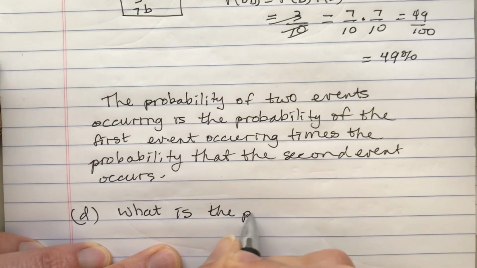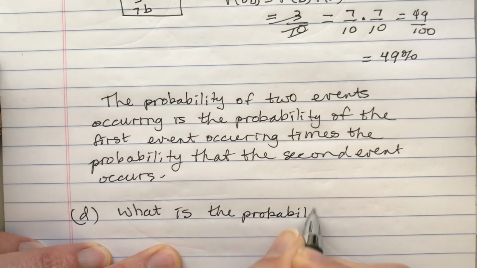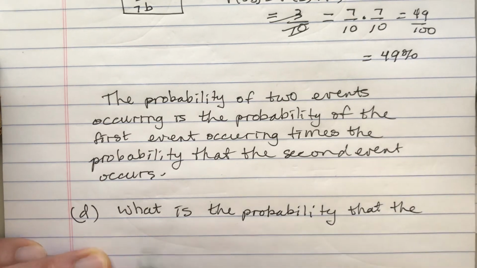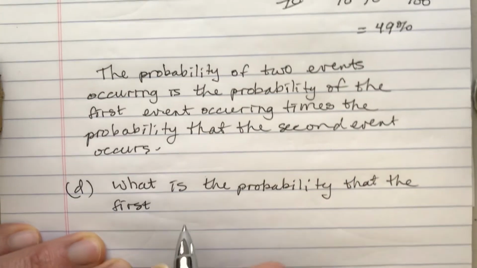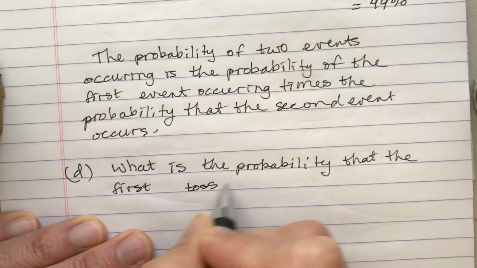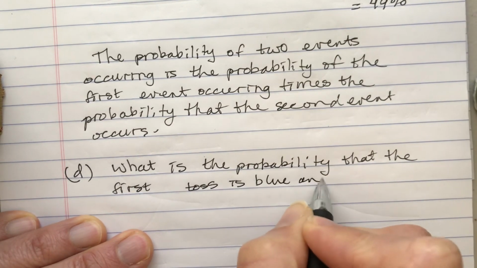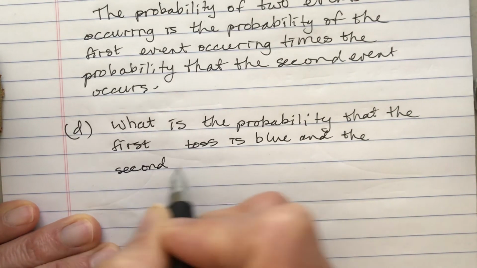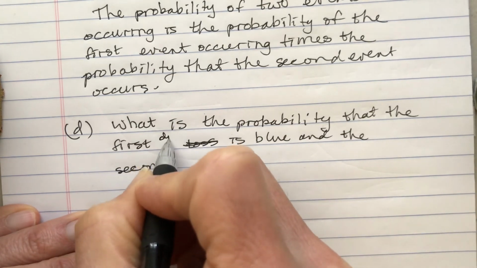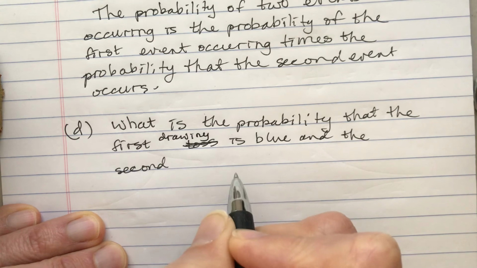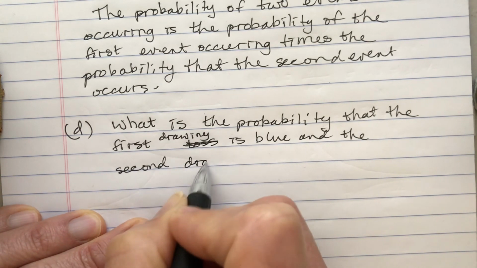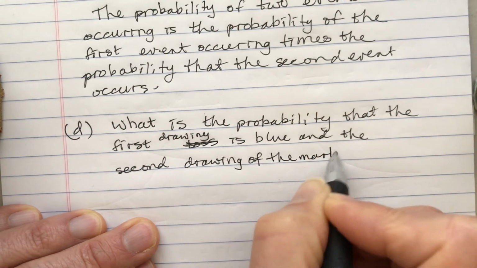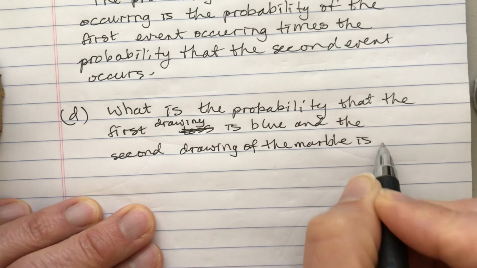What is the probability that the first drawing is blue and the second drawing of the marble is red?